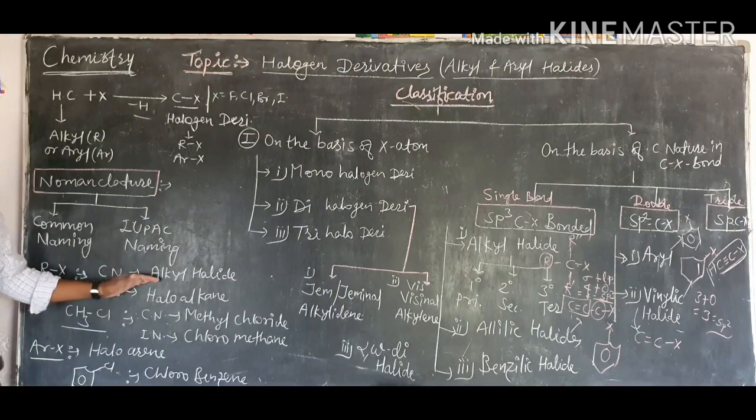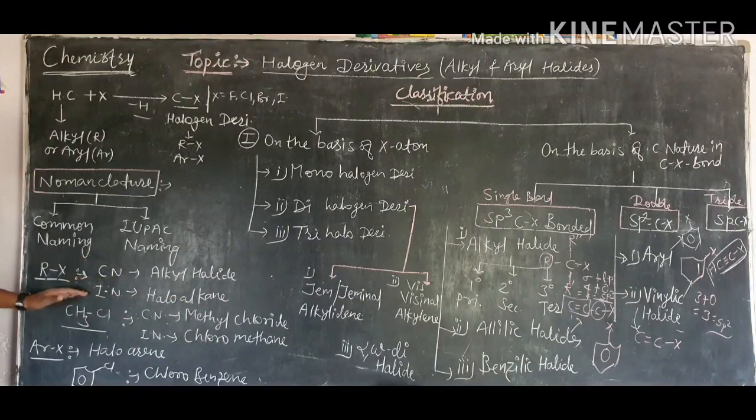So first is alkyl halide, common naming, and haloalkane, IUPAC naming. Our chapter name is alkyl halide and aryl halide, so alkyl halide is the common naming, and if we write haloalkane, that is IUPAC naming.